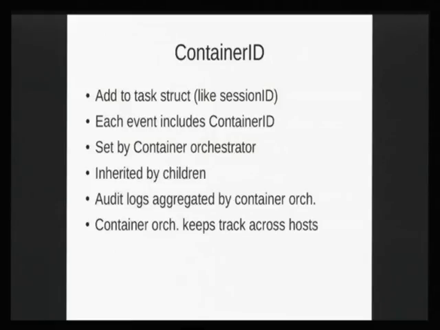Your container engine will set it. Your container will basically tell the kernel, all right, this process has this container ID, and we want all the children processes from that to go ahead and inherit that container ID. Unless, of course, you start up another container engine inside there, and you pivot it off, that's fine.